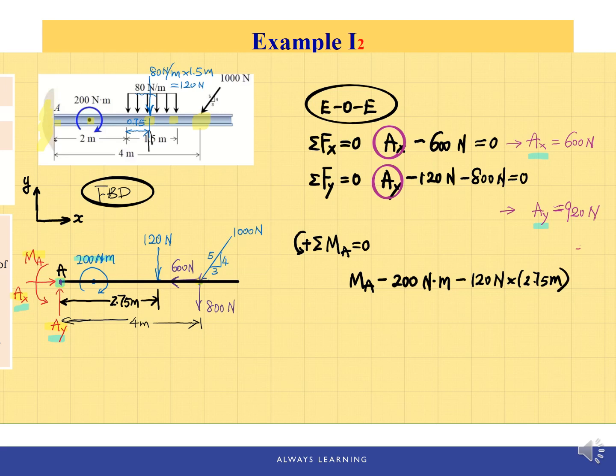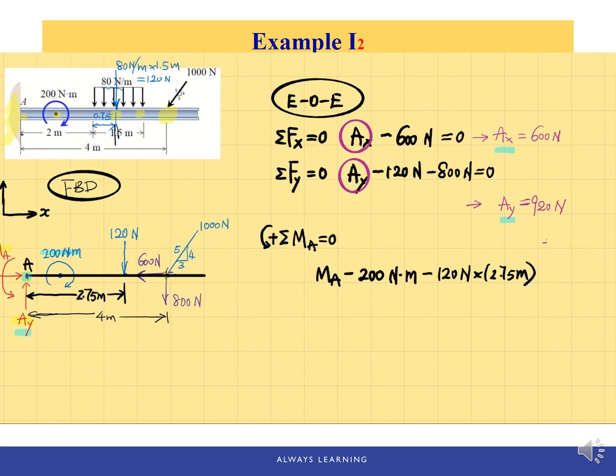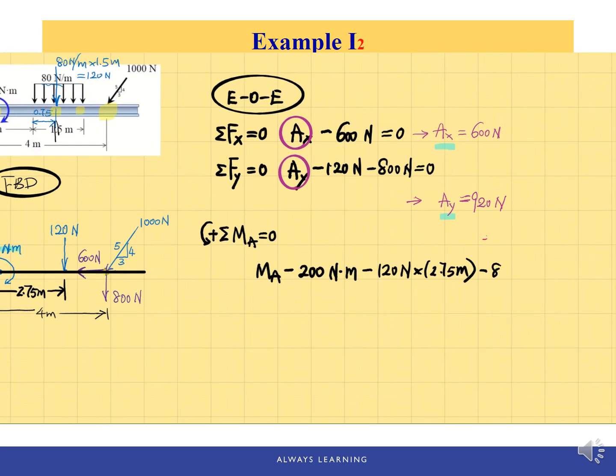And lastly is the 800 Newton, because the 600 Newton x force, the x component, also passes through point A, so it doesn't have any moment about this point A. So it will be minus 800 Newton times 4 meter. And this should be 0.